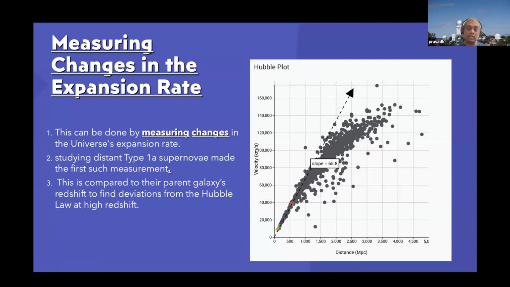So that means that in the past, the universe actually was not expanding as fast as we thought, and now it's expanding faster, if you can understand it correctly, right? So this idea means that actually the universe is accelerating, right?